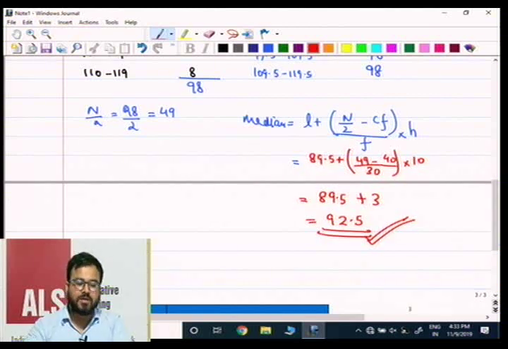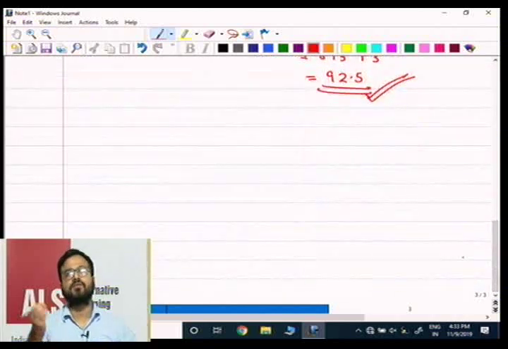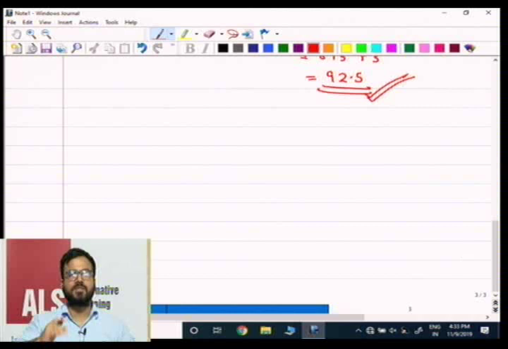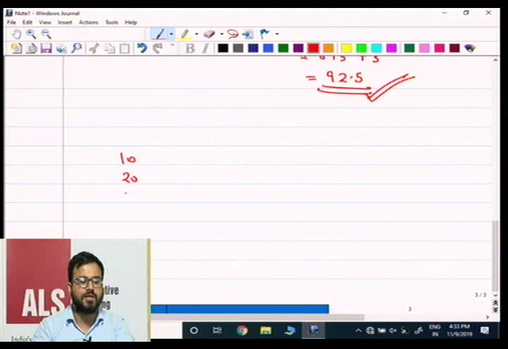Okay. Now, the different type of question is this one. The basic question is when the class interval is already continuous. Second type of question is this one which we have done, when the class interval is not continuous. Third type will be like this. Suppose I don't give you class interval and I give you the mid value of the class interval, like 10, 20, 30, 40, 50.